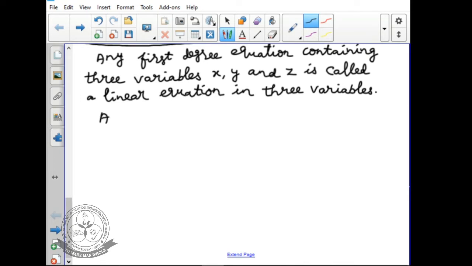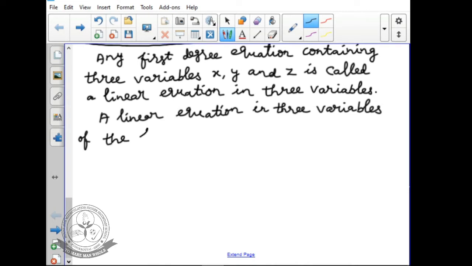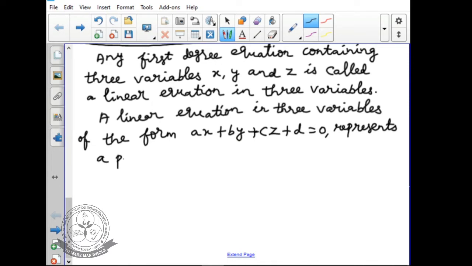A linear equation in three variables of the form ax plus by plus cz plus d equal to 0 represents a plane.